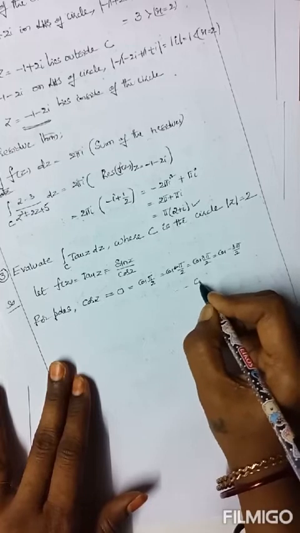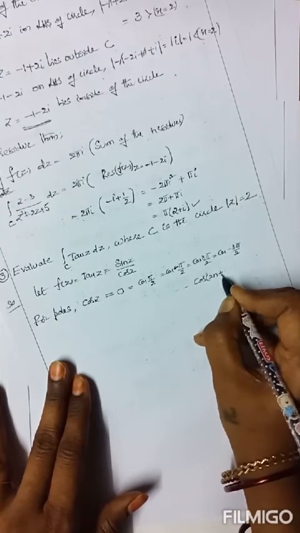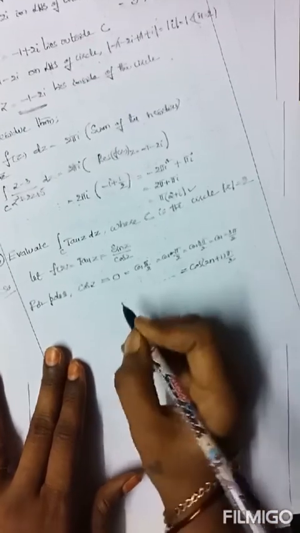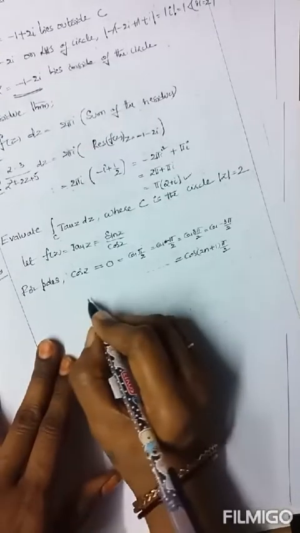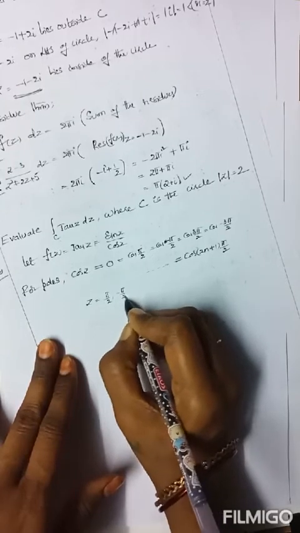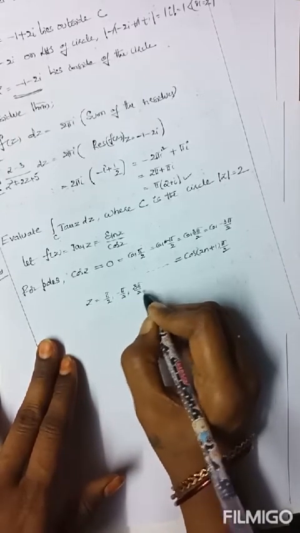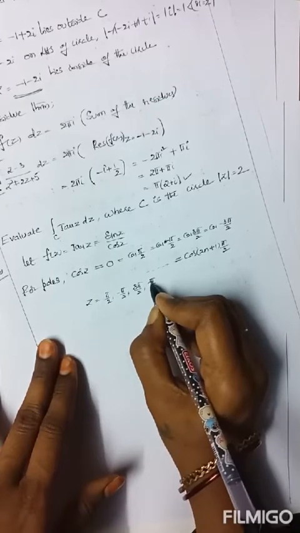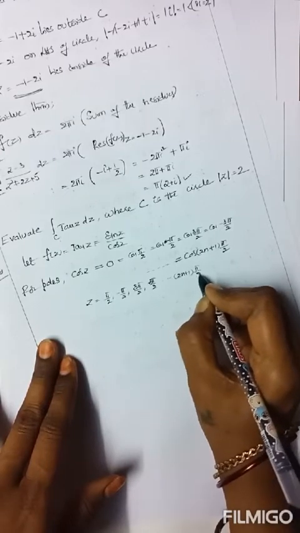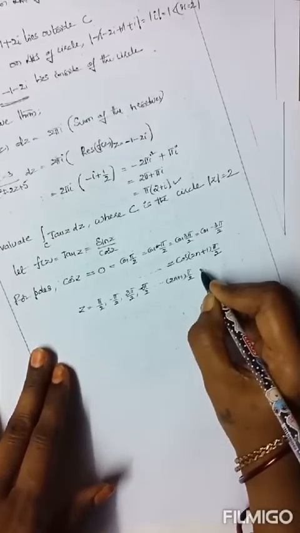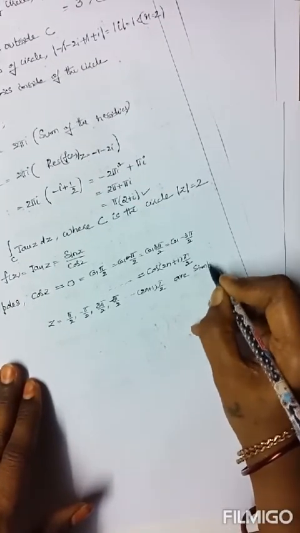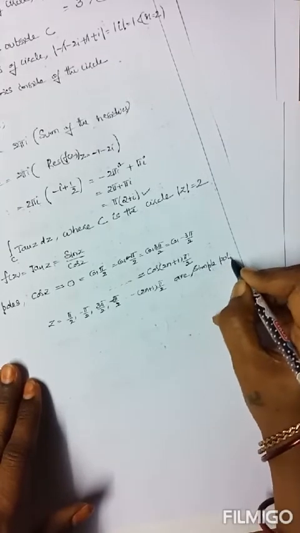Likewise in general cos of (2n plus 1) pi by 2. So z equals pi by 2, minus pi by 2, 3 pi by 2, minus 3 pi by 2 and so on, (2n plus 1) pi by 2. These are all called simple poles of f of z.